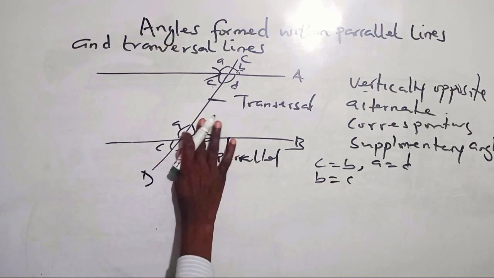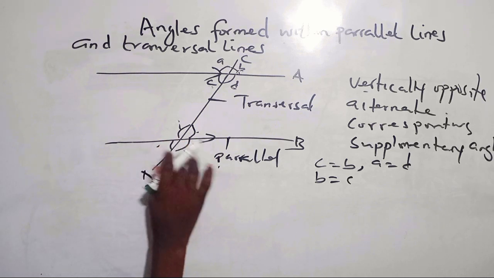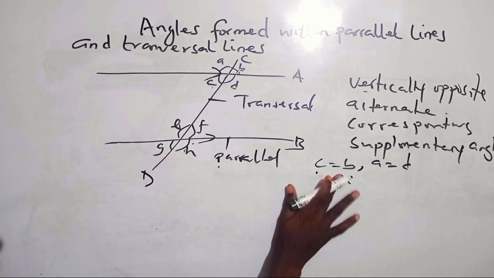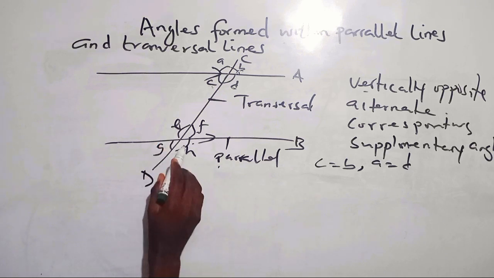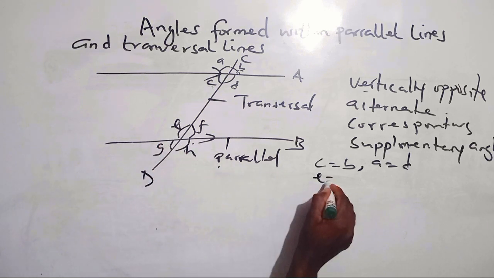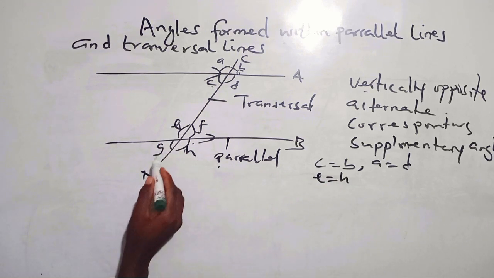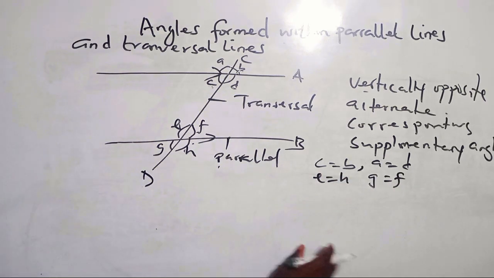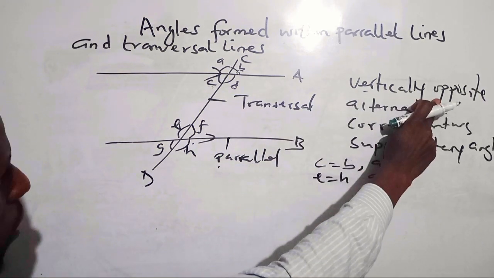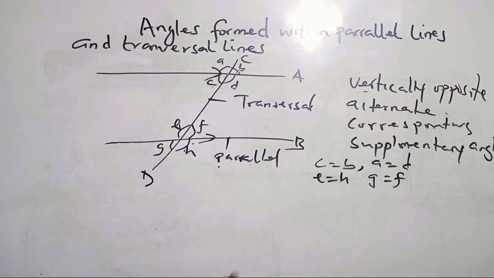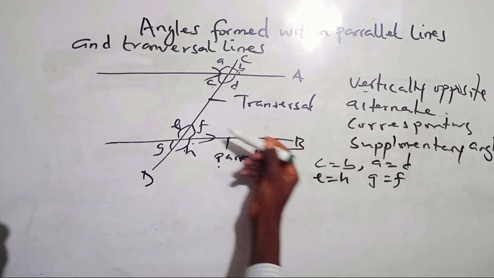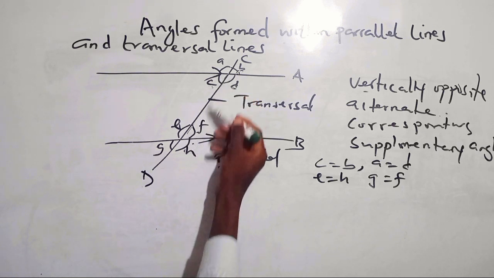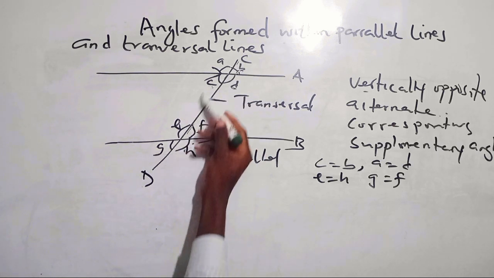Let me assume the other angles are E, F, G, H. In this case, E and H are opposite to one another, and G and F are vertically opposite. But alternate angles are angles that are formed at the two sides of a transversal line, within the parallel lines.